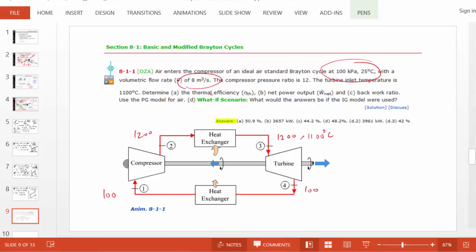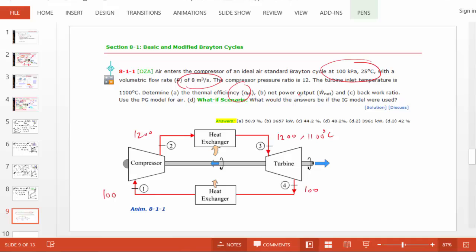Even without looking at what they want us to find, our goal should clearly be to find state 1, 2, 3, and 4, and then analyze each of the devices, and then try to answer the question. If we know net work and heat in, we can find thermal efficiency.